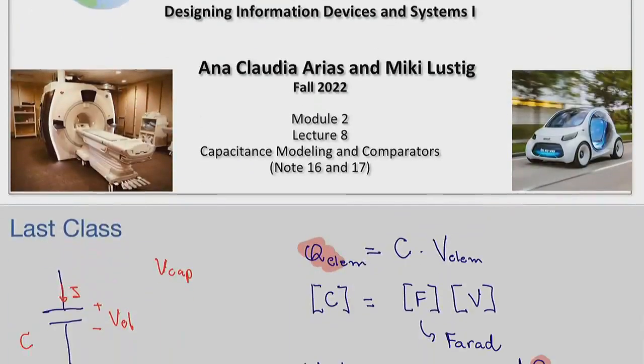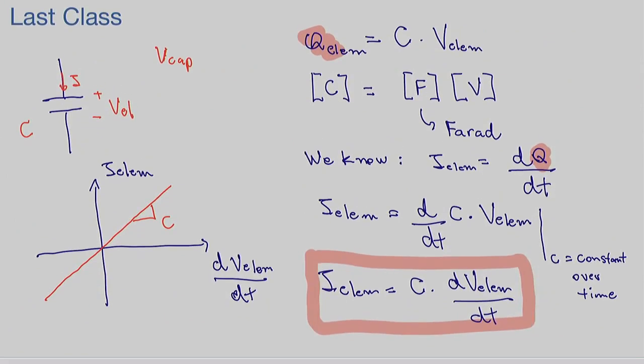We started doing some formalization. We used our methodology of solving the circuits for potentials and currents. We looked at the capacitor as a new element where we would still define a current, a capacitance, and a voltage across the element.